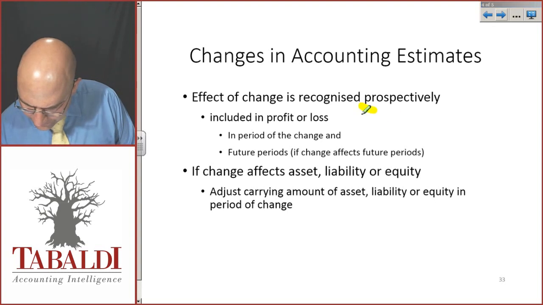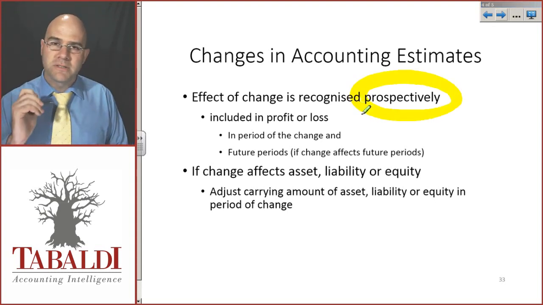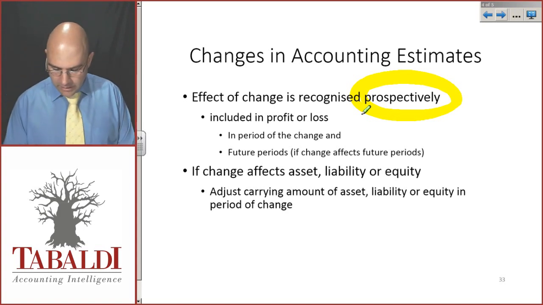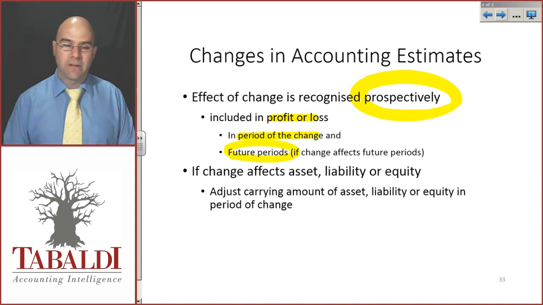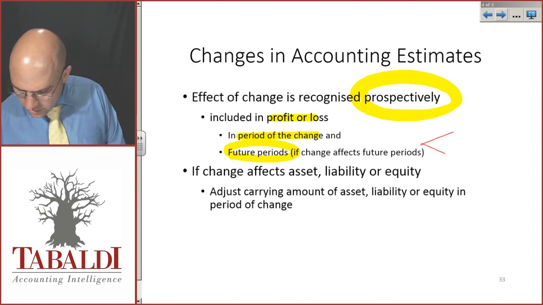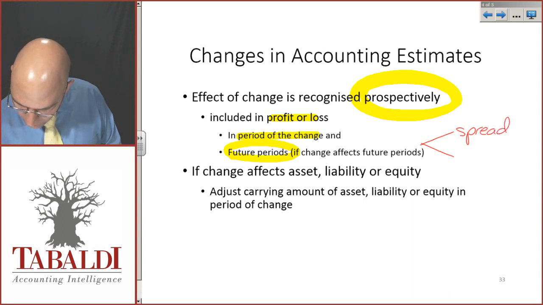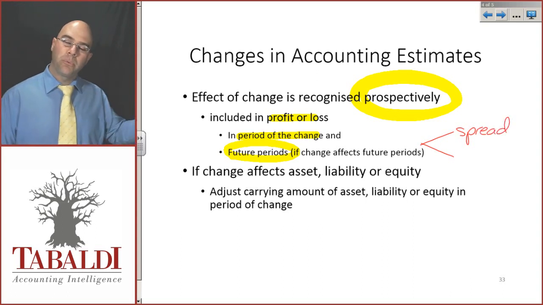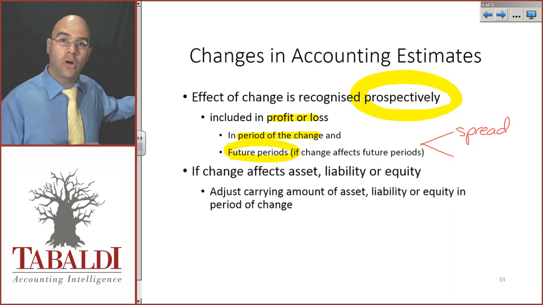The big thing here is that changes in estimates are recognized prospectively, please. If they are included in profit and loss, it must be done in the period of the change as well as future periods. You can't go into prior years.